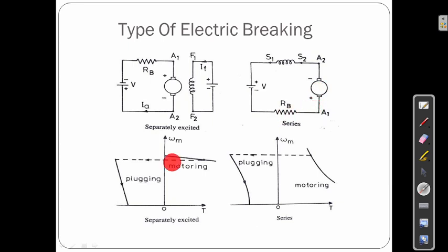So here we take the torque versus speed curve. Motoring is slightly decreasing, and plugging is also steadily decreasing. Here the plugging is the same as the separately excited, but the motoring speed suddenly decreases.